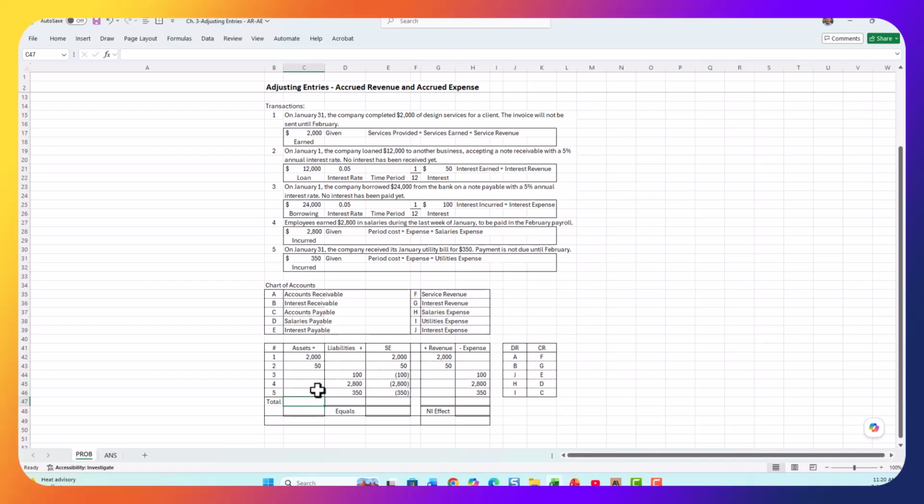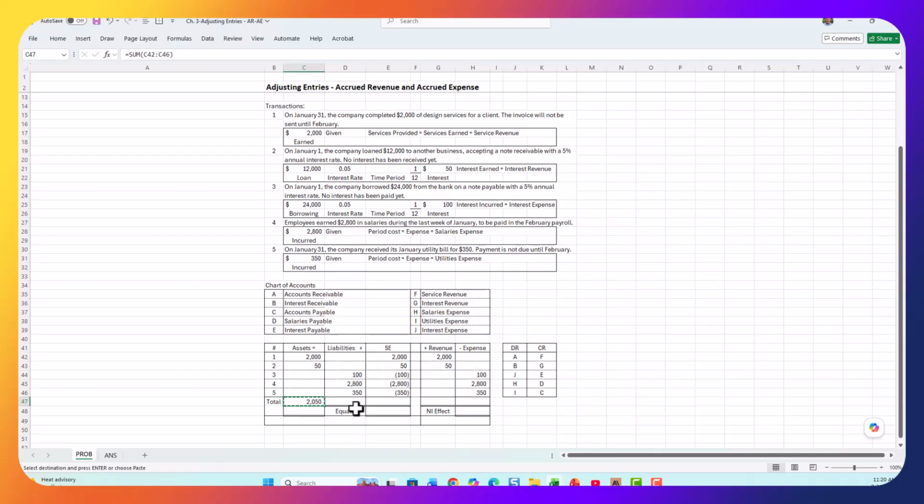Let's total everything up now and check to make sure that the accounting equation is in balance. Assets changed by a positive $2,050. The $2,000 of accounts receivable plus the $50 in interest receivable.